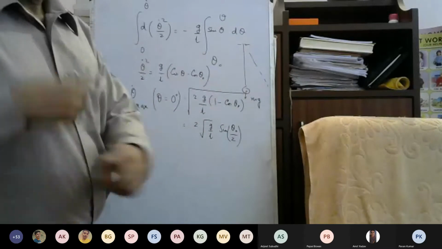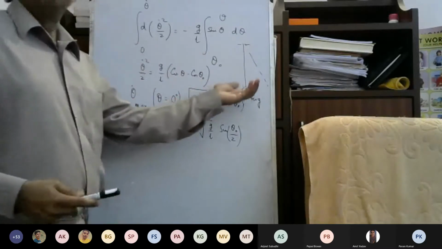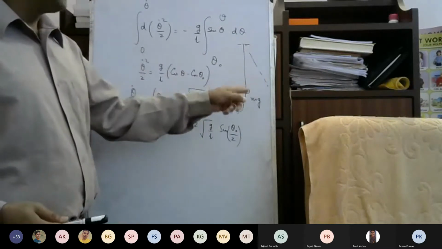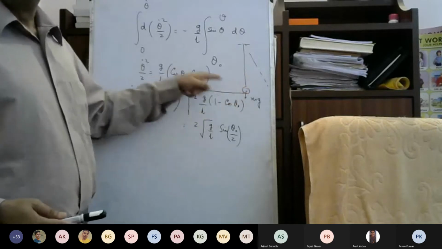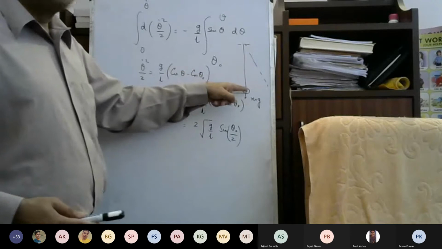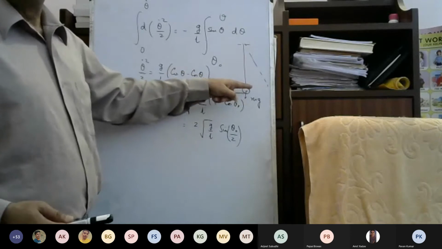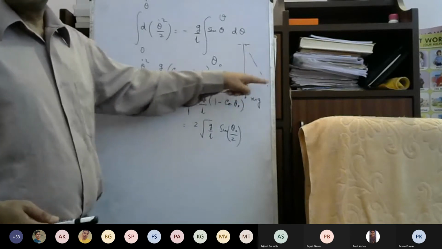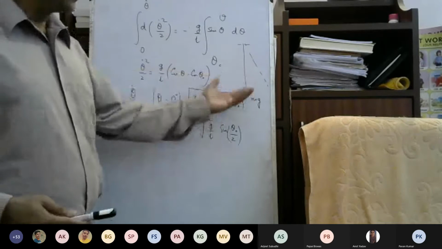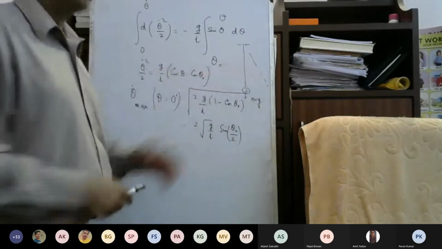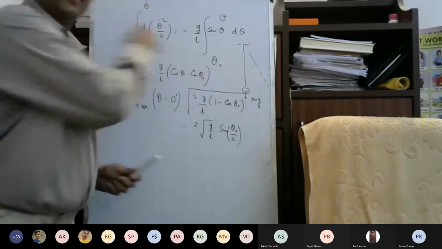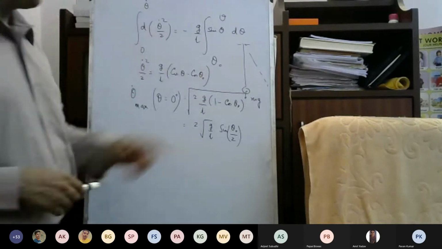Now here comes the inertia part. Because of the inertia, this body will not come to rest at this point. It will continue to move because Newton's law says so. It will continue to move with the velocity v at this particular instant, because there is no force in the tangential direction. As soon as it continues to move, what is going to happen?